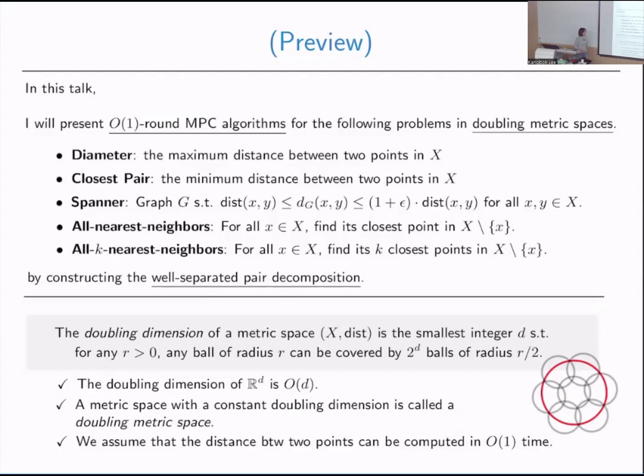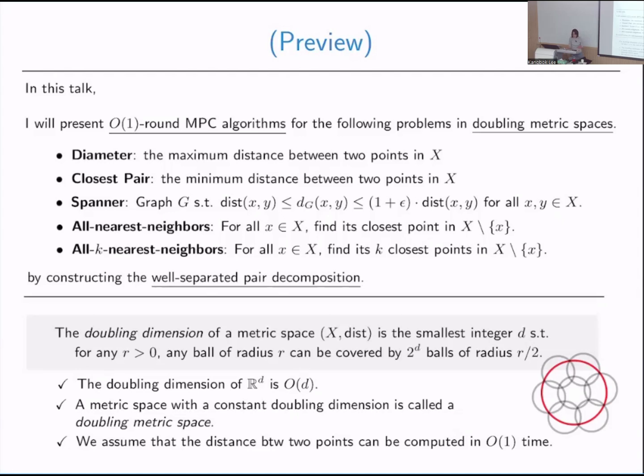We assume that the distance between 2 points in doubling metric space can be computed in constant time instead of using their coordinates. Our paper focuses on algorithms in doubling metric space, but in this talk, I will focus on Euclidean space. I will briefly talk about doubling metric spaces at the end of this talk.